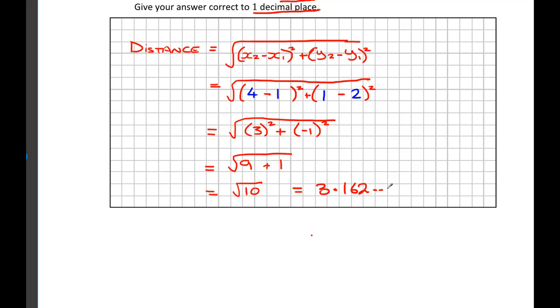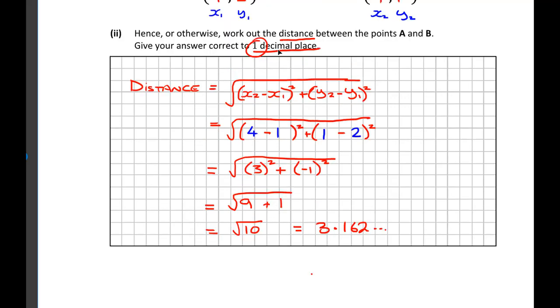Okay, now we have to get 1 decimal place. So what you do, because it's 1, it means you go to the first decimal place. Okay, let me just reiterate this. So we're asked to go to 1 decimal place. So we have to go to 1 decimal place after the decimal point.